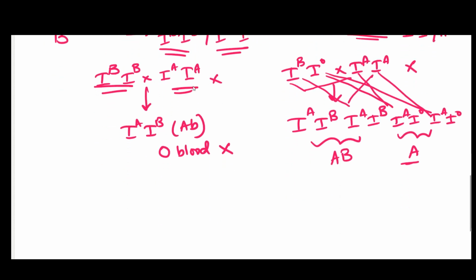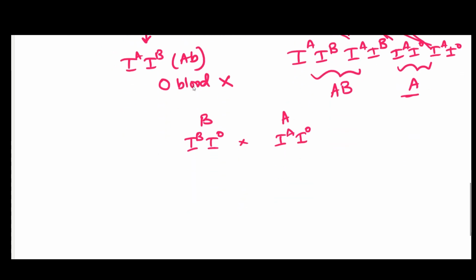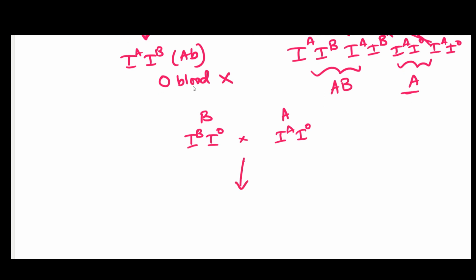Now, let us consider another case where father's blood group is B blood group, mother is A blood group type. So let us consider father genotype IBIO, mother's genotype IAIO. Now, let us do a cross. Let us do it the same way.